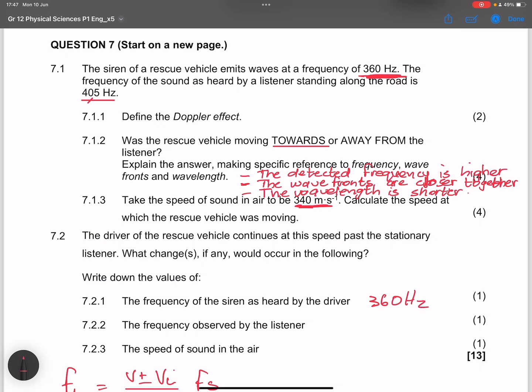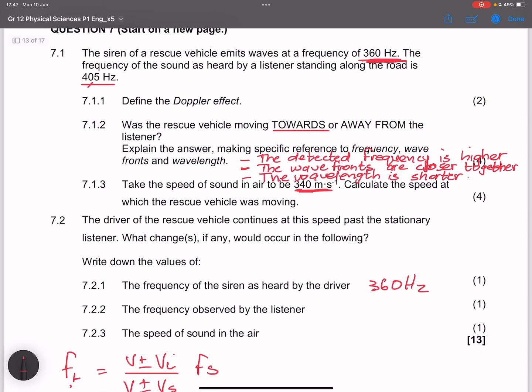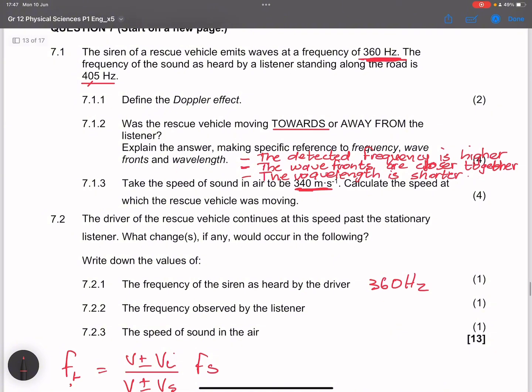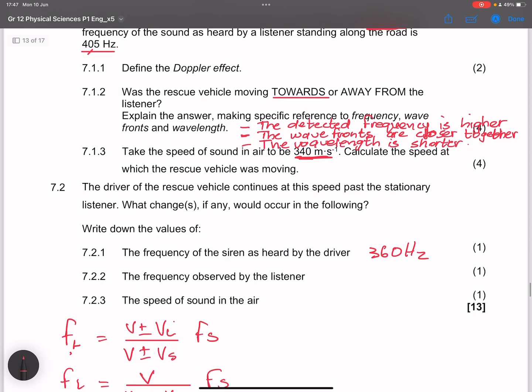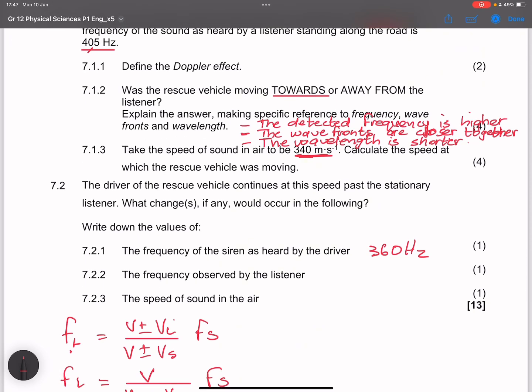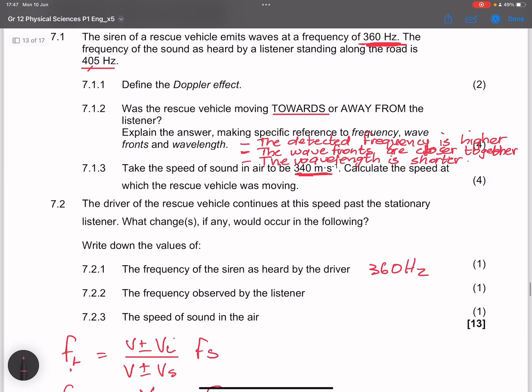Now they say the frequency observed by the listener. In this case, I think this would really require a bit of a calculation. But they said what changes, if any, would occur there.